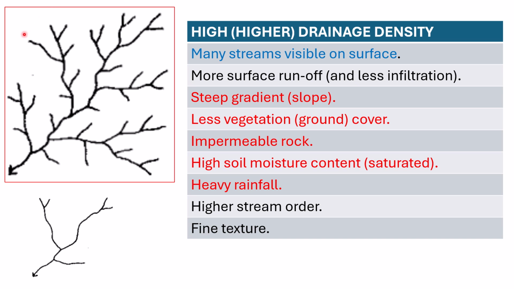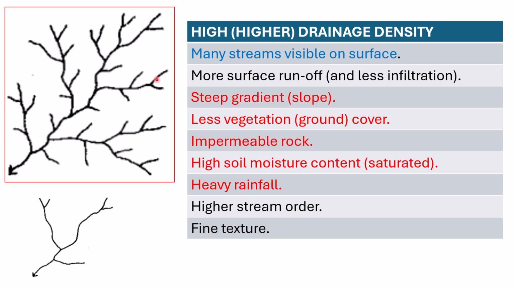The diagram shows a river with a high drainage density, and that simply means that there are many streams visible on the Earth's surface. Why is it that many streams are visible at the Earth's surface? This is the result of more surface runoff and less infiltration.